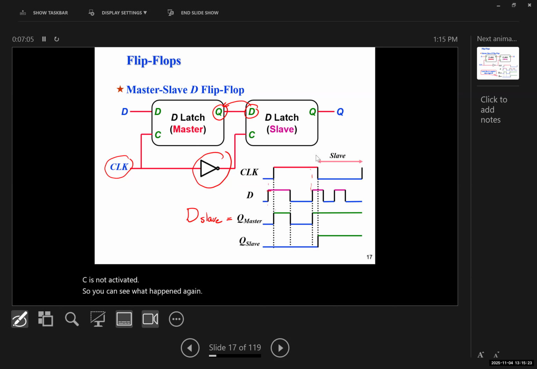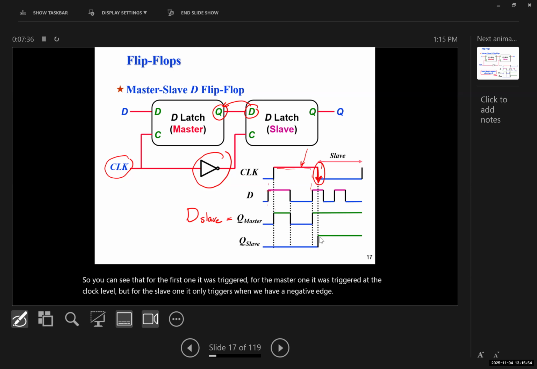So now we know that the output of this flip-flop is triggered at the negative edge of the clock. So you can see that for the master one, it was triggered at the clock level. But for the slave one, it only triggers when we have a negative edge clock.